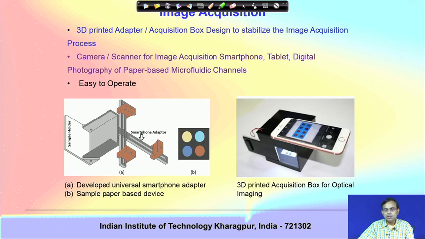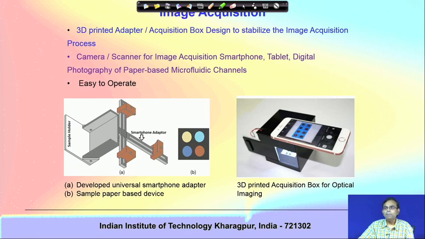So, now in all these devices, image acquisition is a challenge, and the challenge of image acquisition comes because of various things. One is that the smartphone camera or the camera itself is not very rigidly placed, or there is a disturbance from the ambient which creates a noise to the image that is grabbed.